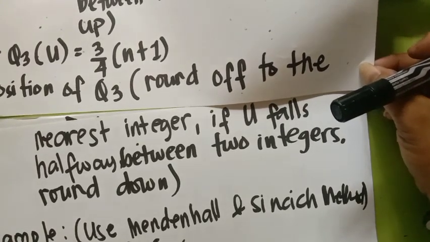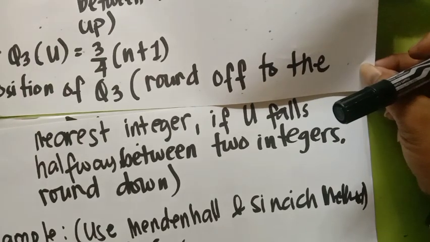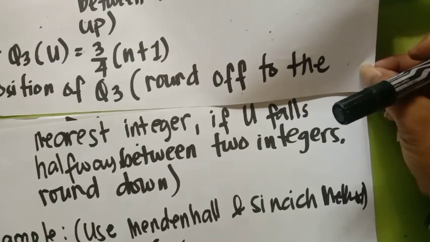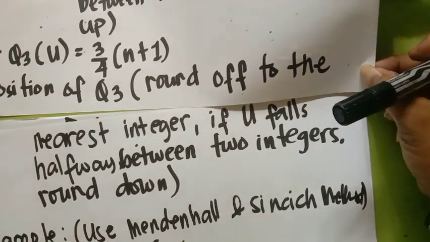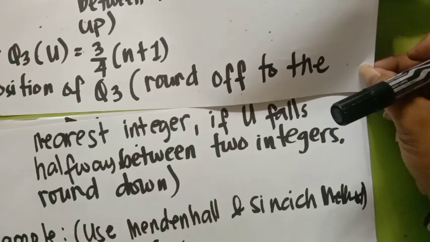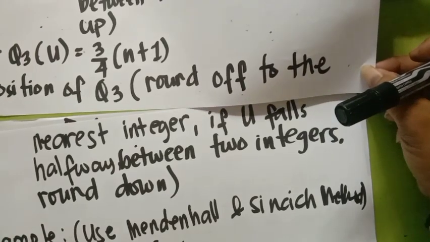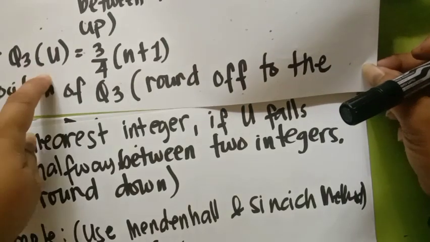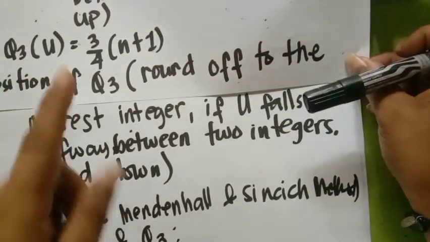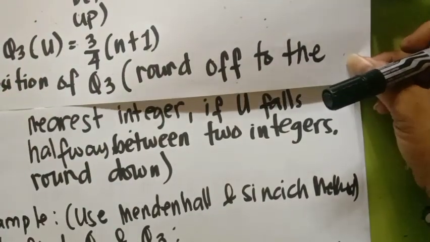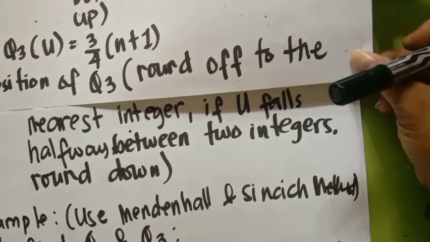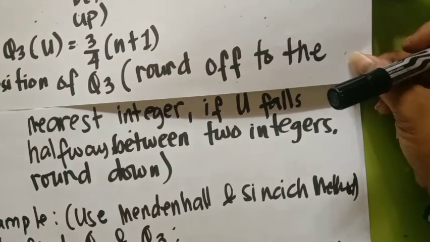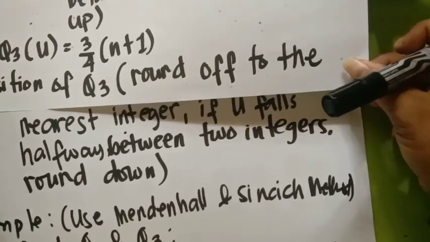So, kapag L or Q1 at ang kinuha natin yung position niya, decimal yung nakuha natin, kapag 0.5 siya, halfway between two integers, round up. Kapag naman U or the upper quartile, we use 3/4 times the quantity n plus 1, and ang nakuha din natin is may decimal na 0.5, round down naman ang gagawin natin.